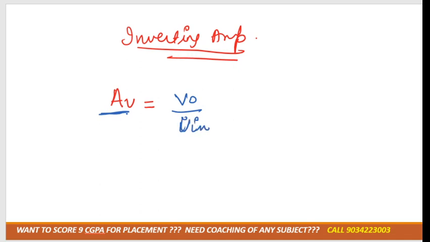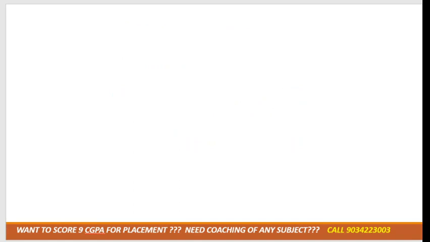So it is a voltage gain, so it would be output voltage divided by the input voltage, right? So what formula did we get? It is inverting, that's why we got it as negative: minus RF over R1, where RF is the feedback resistance and R1 is the input resistance. Got it? RF is the feedback resistance.